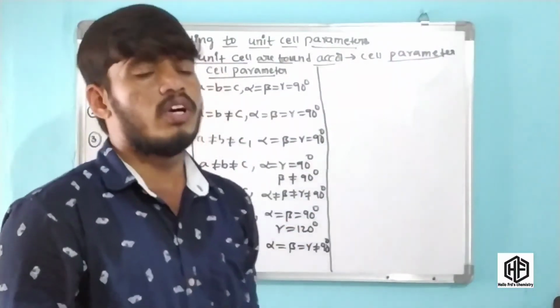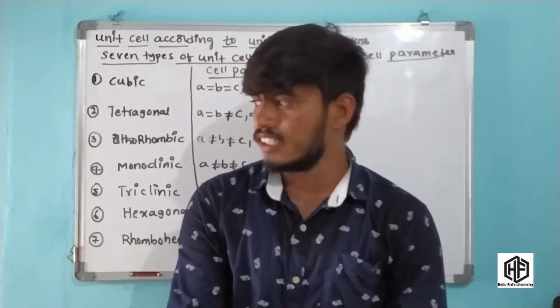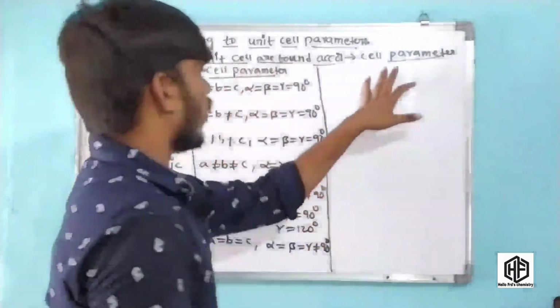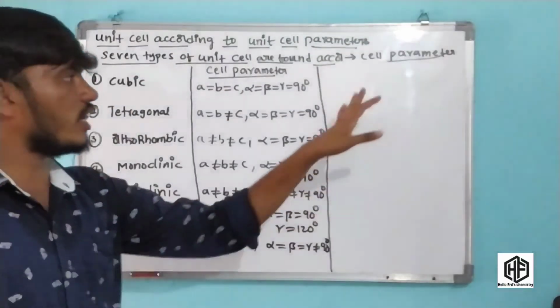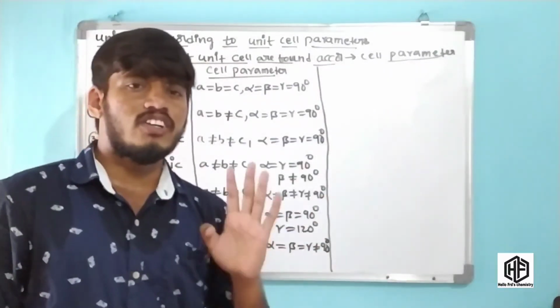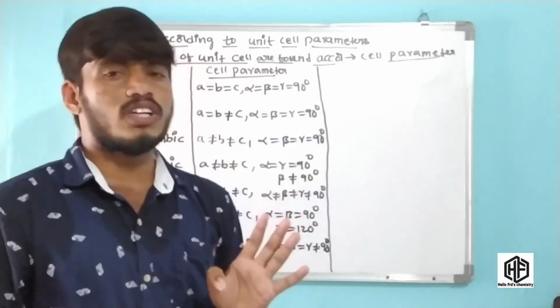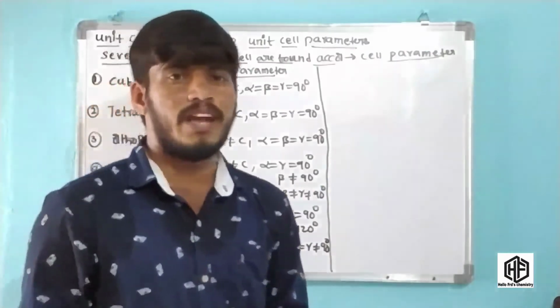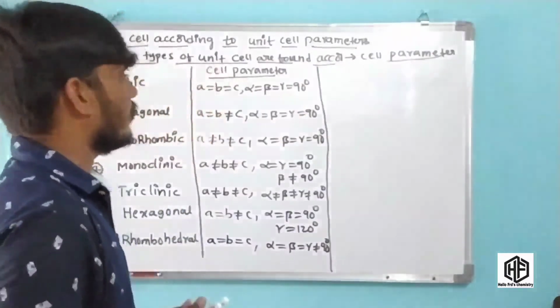Okay friends, now one more important point arises in this case. According to cell parameters and atom arrangement, unit cells are classified experimentally into 14 categories. Those 14 categories are also called Bravais lattices. This is very important friends.